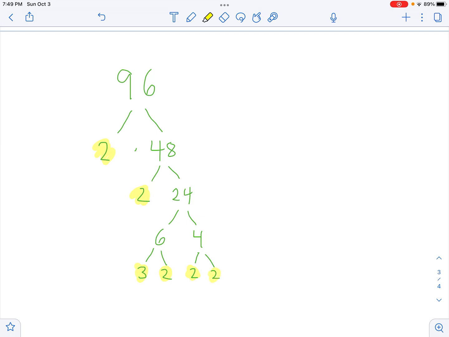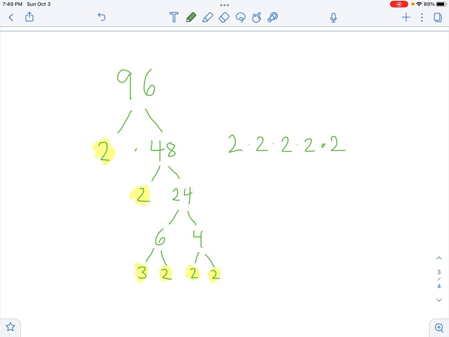So we get a prime factorization. Wow, there's a lot of 2's there. So looks like 1, 2, 3, 4, 5 2's. So 2 times 2 times 2 times 2 times 2. And then there's that one little 3 hanging out here. There it is.